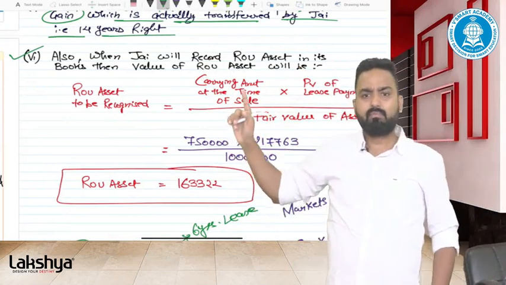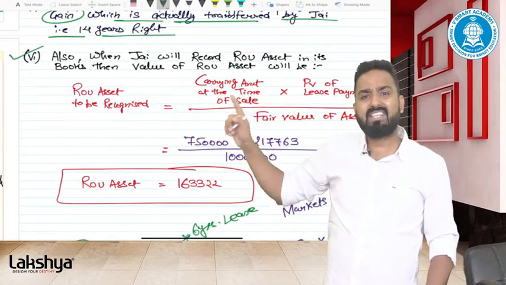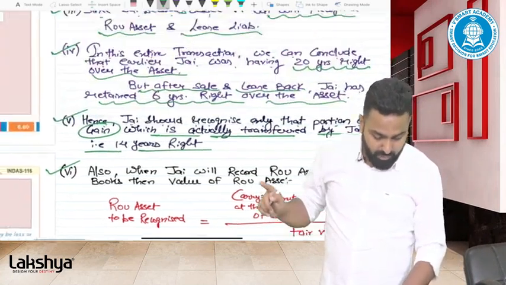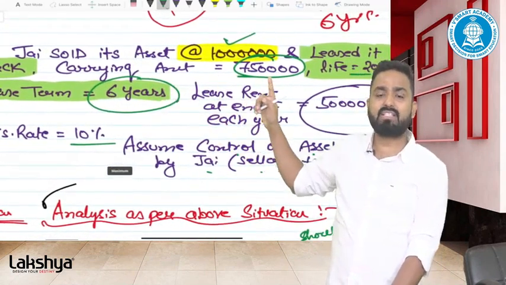Now, ROU is to be booked from the existing carrying amount of the asset. The existing carrying amount is 750.